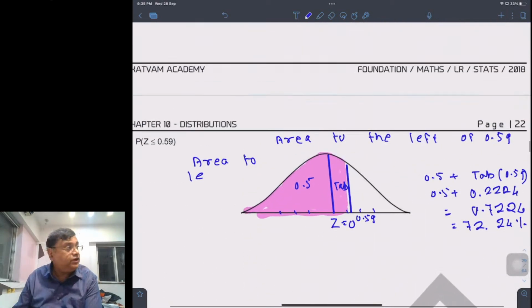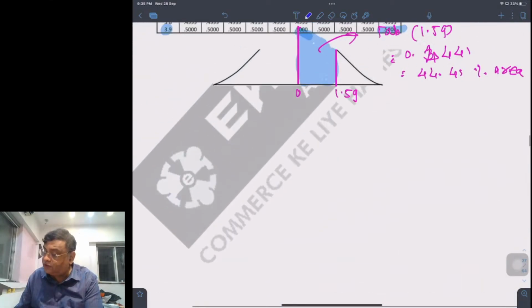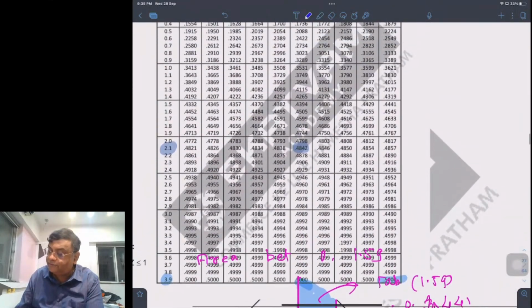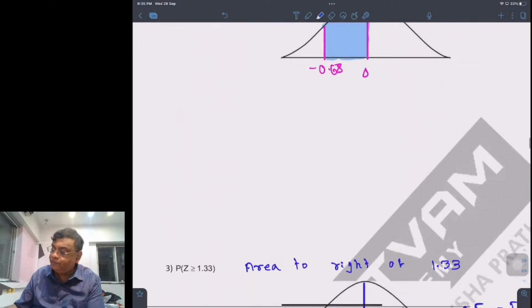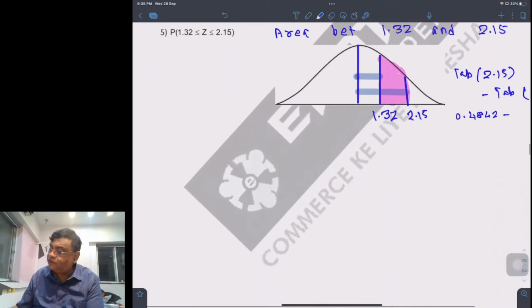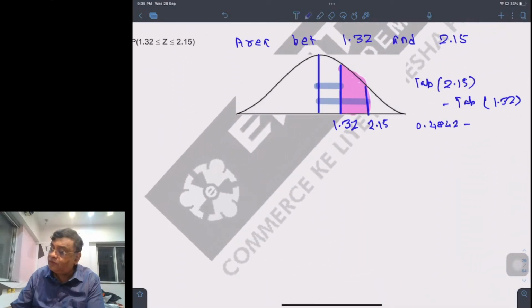For 1.32, my question is, tell me 1.32 के लिए वैल्यू क्या है? 1.32 के लिए वैल्यू है what? This is 1.3 and this is 2. कैसे वैल्यू को पहचानोगे वो भी तो देखने वाली बात है. ये है 0.4066. Now if this is 0.4066, then 0.4842 minus 0.4066 will be the answer that you want.